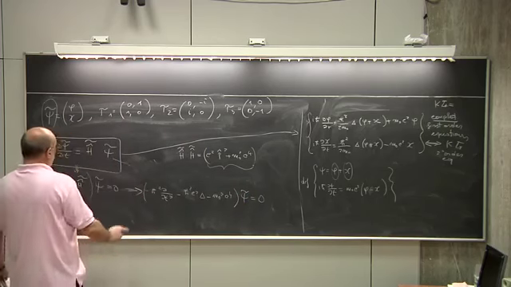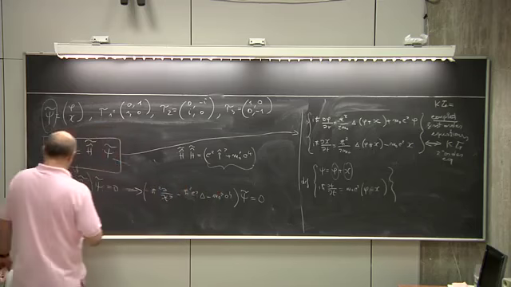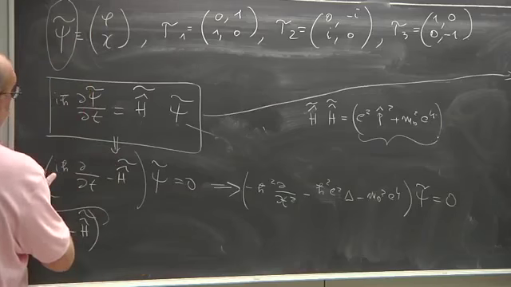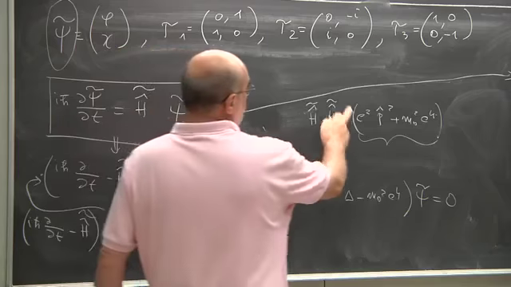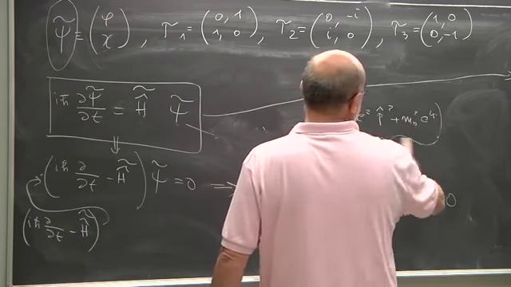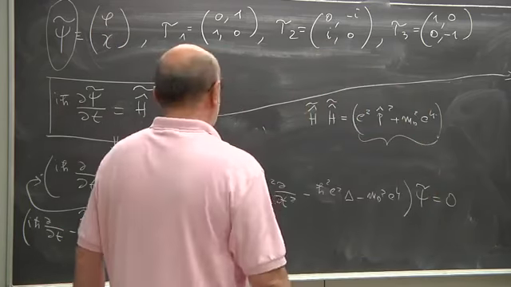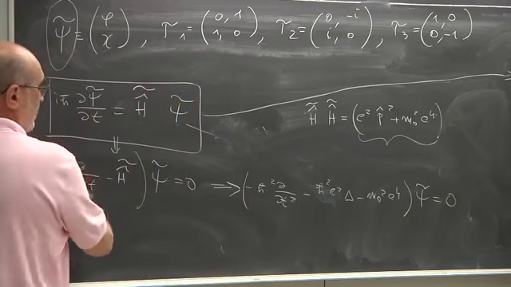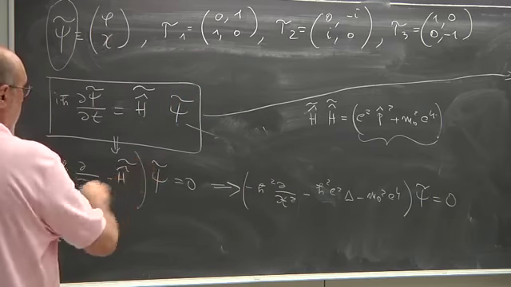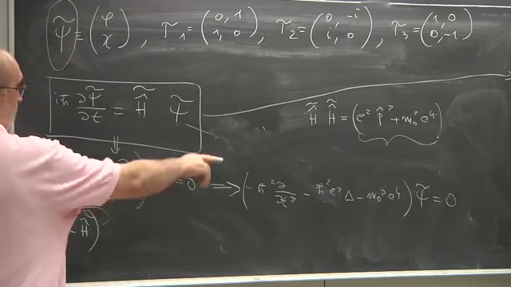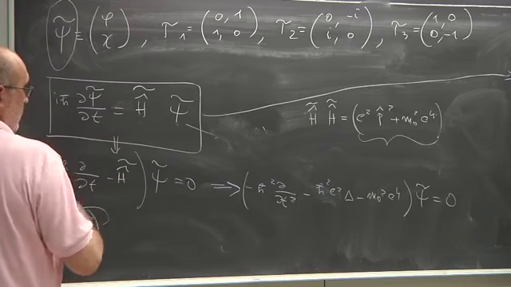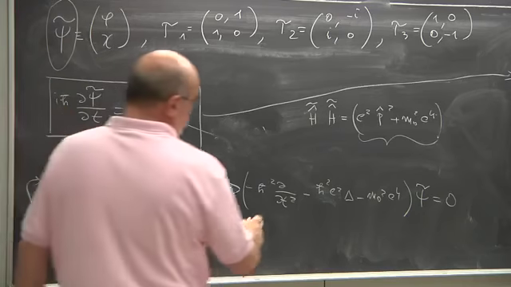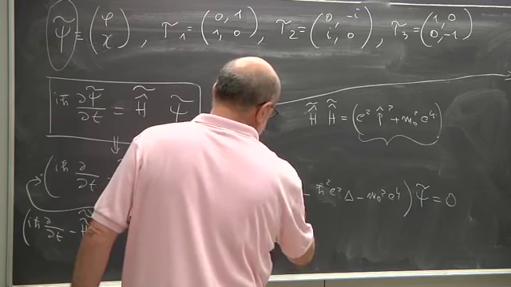You see that there are no Pauli matrices anymore, so I have applied these on these, and I have used the fact that this object is basically the Klein-Gordon operator. Then I have the second derivative, and then I have the derivative applied to the first order things.